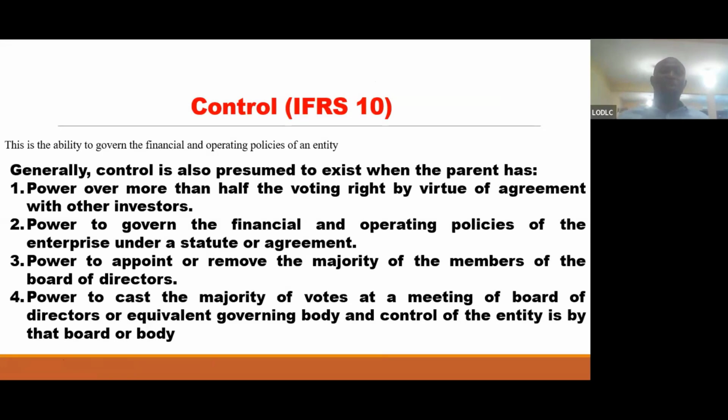Now, control is the ability to govern the financial and operating policy of an entity according to IFRS 10.